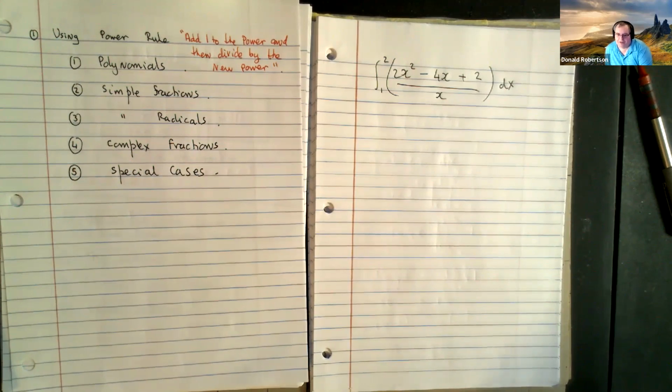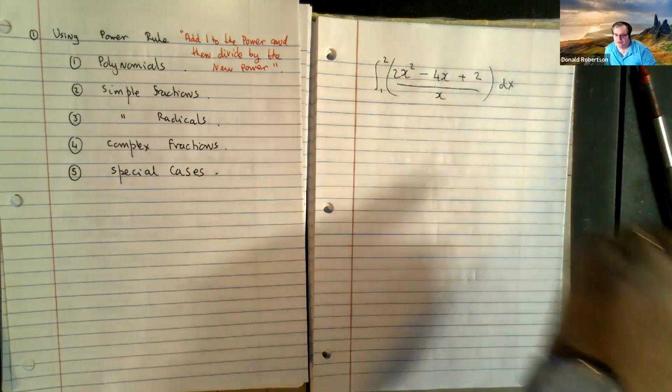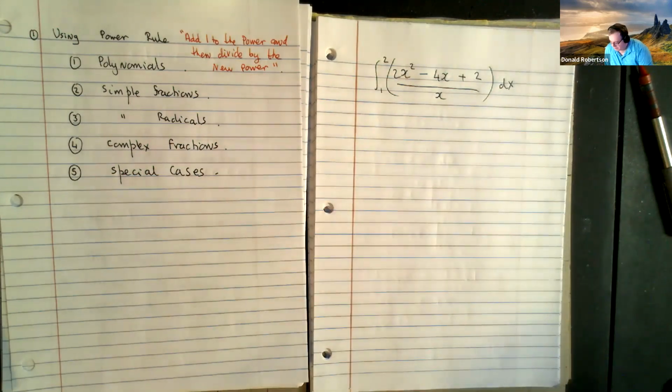I want to find this integral. It's a rather ugly fraction. And we don't like ugly fractions because ugly fractions are hard to integrate. What I want to do is to rewrite this as various powers of x.